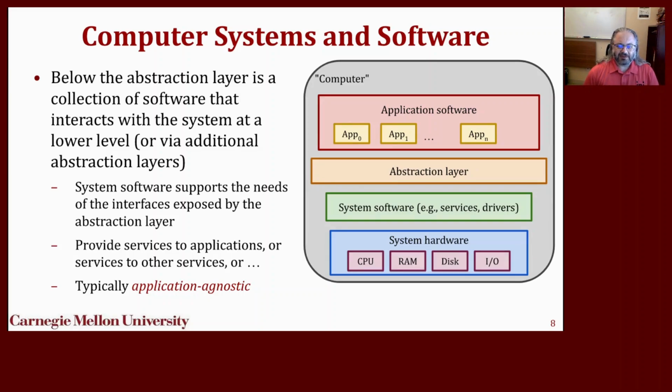So the software that lives below the abstraction layer is performing services to manipulate the hardware, and it will do that independent of what applications are trying to do. The system software is typically application agnostic, meaning it doesn't care why it's being asked to perform a particular job, it's just doing the job that it's designed to do.